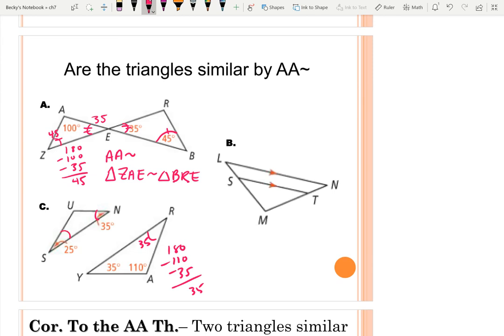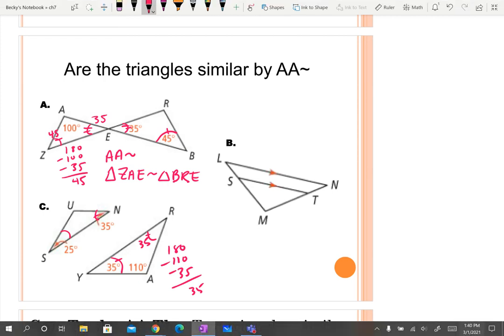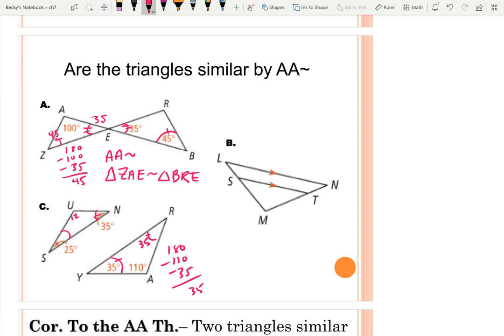Because this one is 25 and this one is 35. So it just doesn't work. And you could do this one up here. If I take 180 minus 25 minus 35, I get 120, not the same. So these are not similar. I don't think there's an I in similar.